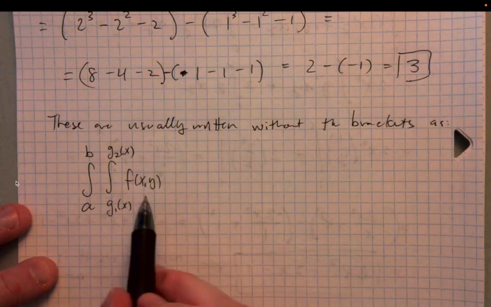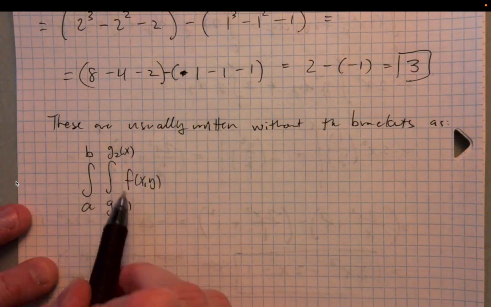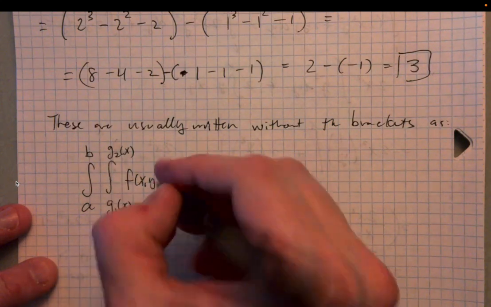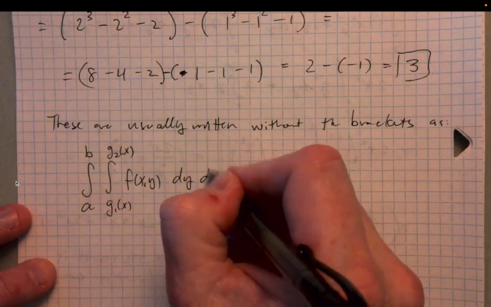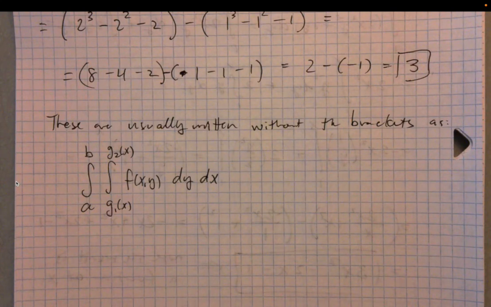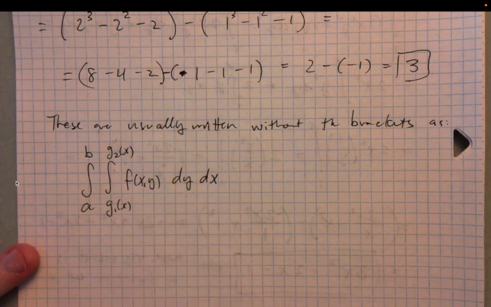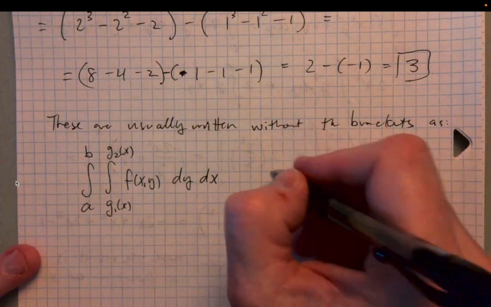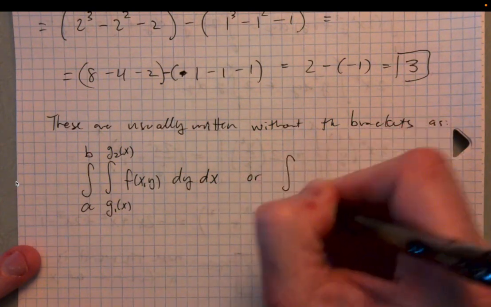And the order here would be you'd first integrate with respect to y, because you can see these are both functions of x, so it'd be dy, and then you'd integrate the resultant function with respect to x. So this is the dy dx version. The same thing could be done this way.